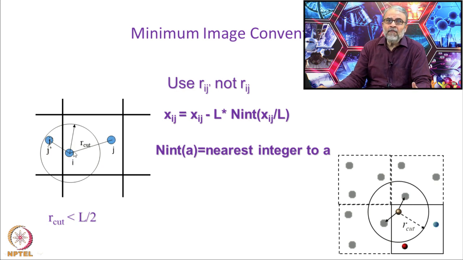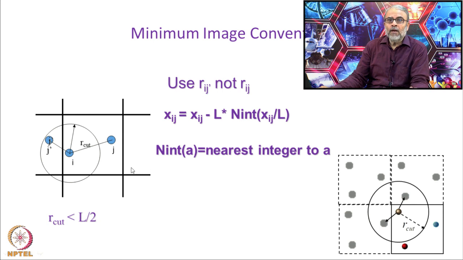So, that is the meaning of minimum image convention. Minimum image means around each particle i, I construct a box of the same size as the original box, and the particle will interact with all the particles in that box with this particle as the center. So, for particle i, in this case I will use rij prime and not rij.